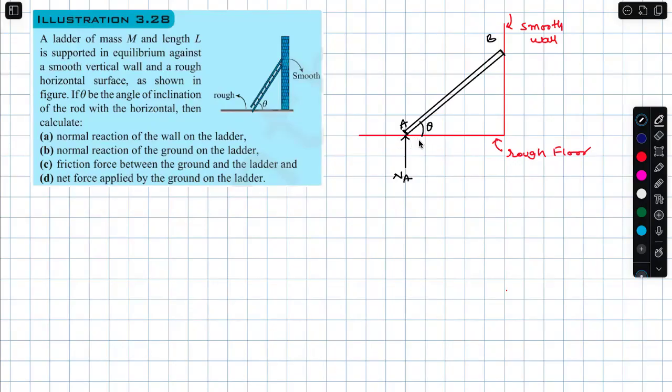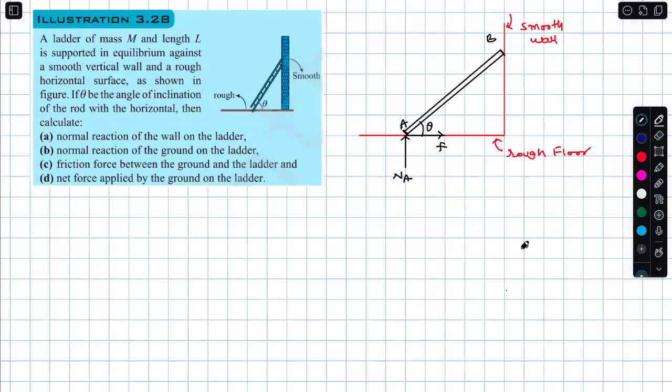If suppose the floor is also smooth, what is the tendency? Backward. So friction acts on A in the forward direction. Right. So that is the first observation.